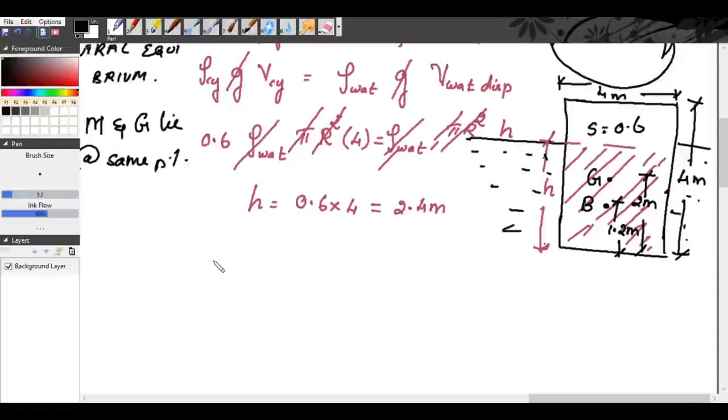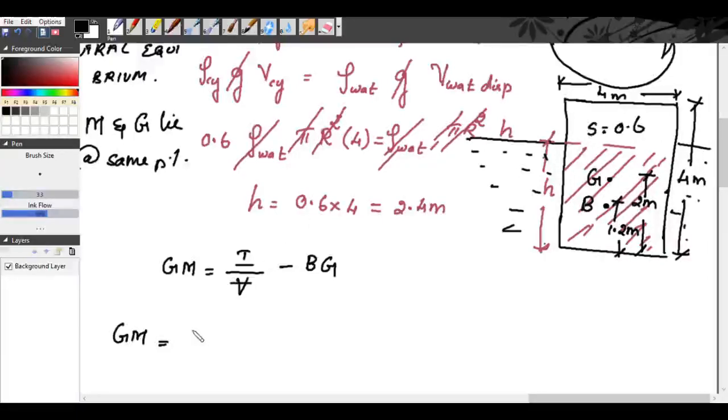Now we know the metacentric height is GM. So GM is equal to moment of inertia divided by volume of the cylinder immersed inside the water, minus BG. This is a cylinder, so the top face is circular.